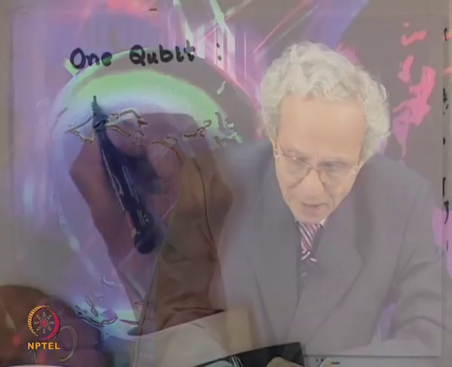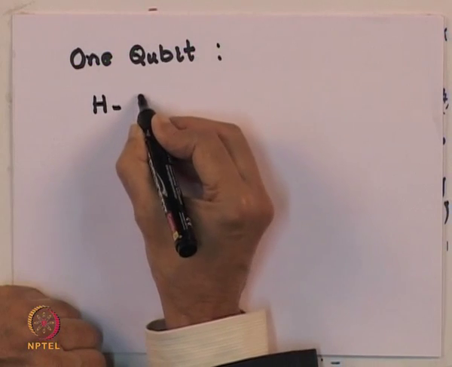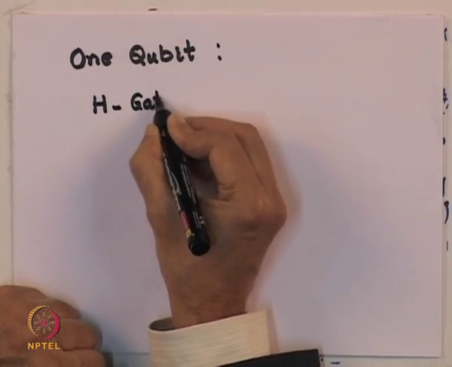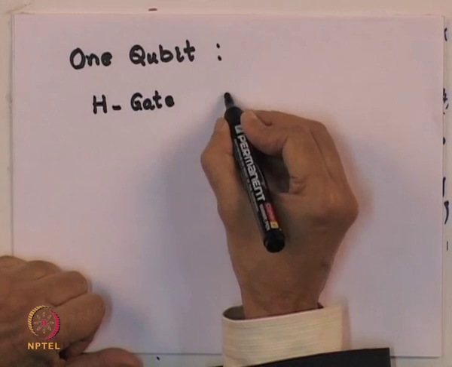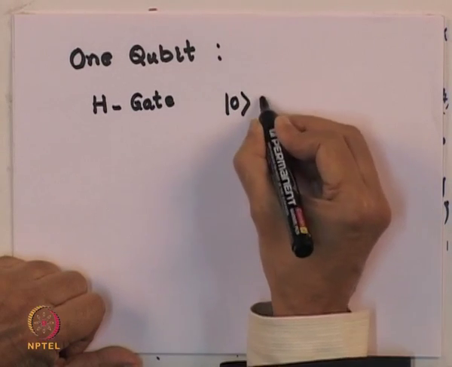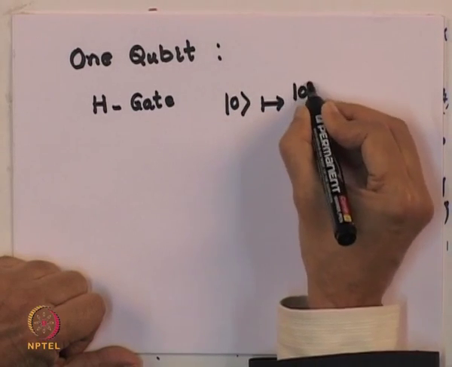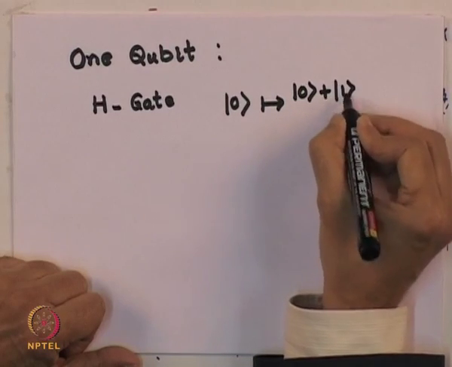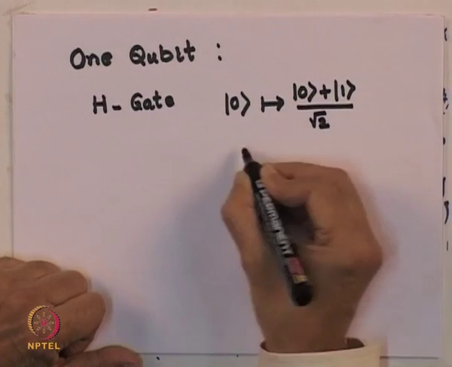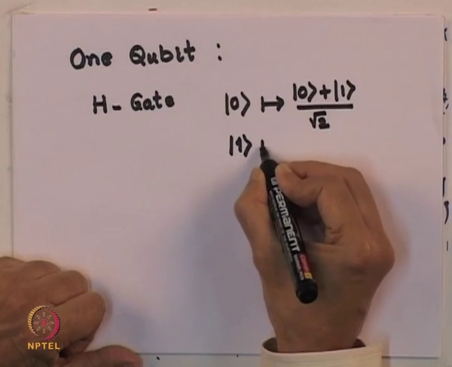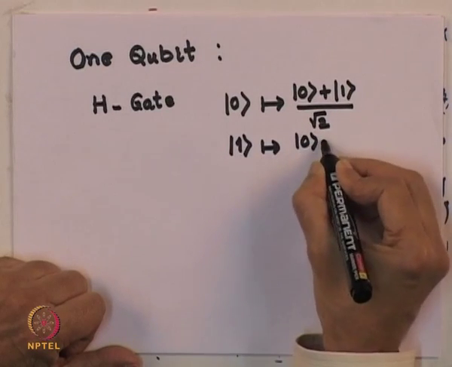For example, the Hadamard gate or H gate is a gate which takes the state 0 to state 0 plus 1 by root 2, and to state 1 it takes to 0 minus 1 by root 2.